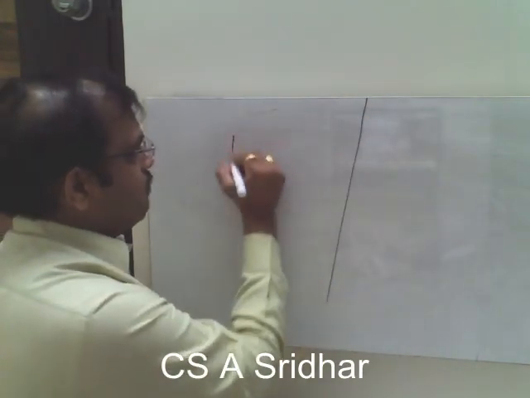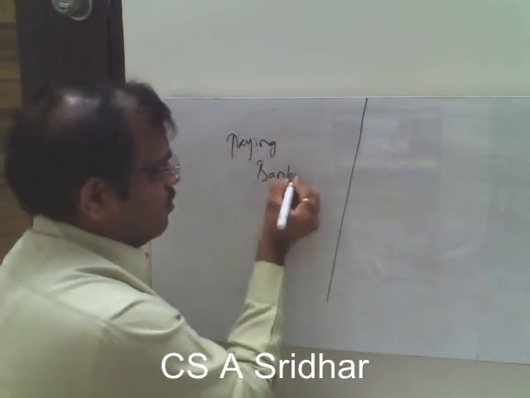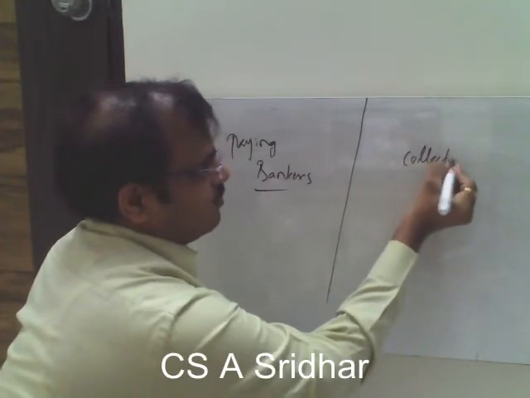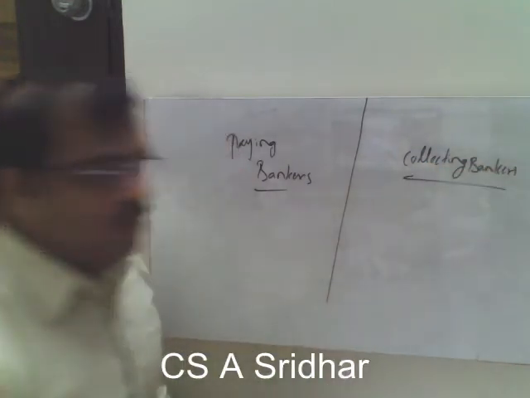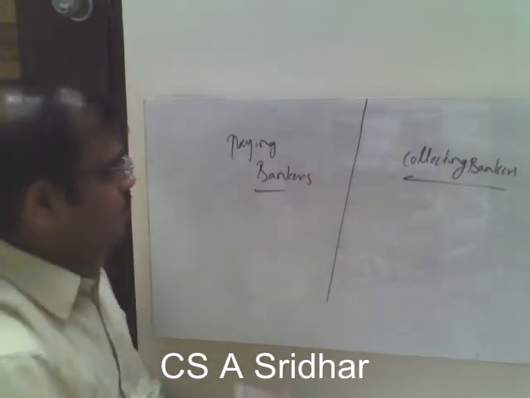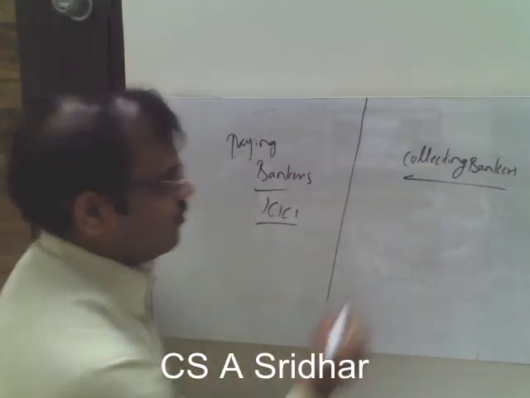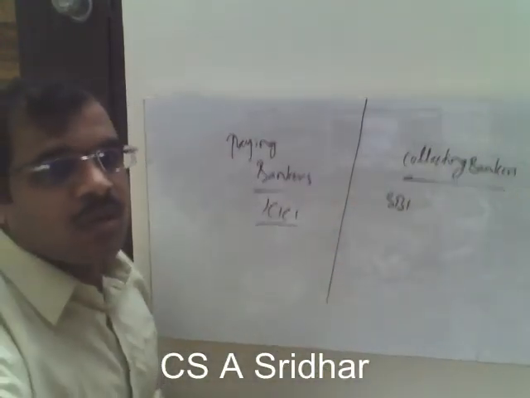These are all the paying bankers and collecting bankers. Suppose ICICI Bank is a paying banker and SBI is a collecting banker.